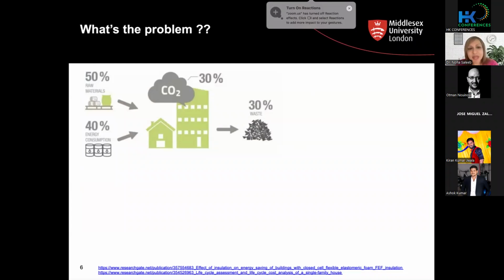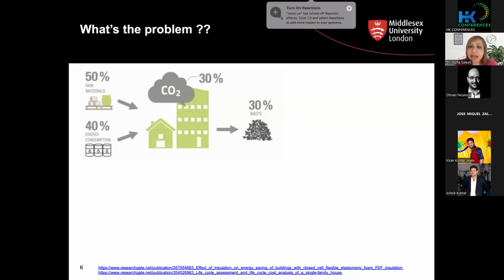So we know that the built environment, or the construction, is responsible for consuming 50% of the world's raw materials, it is responsible for 40% of the world's energy consumption, 30% of the world's carbon emissions, and 30% of waste that comes out of it.